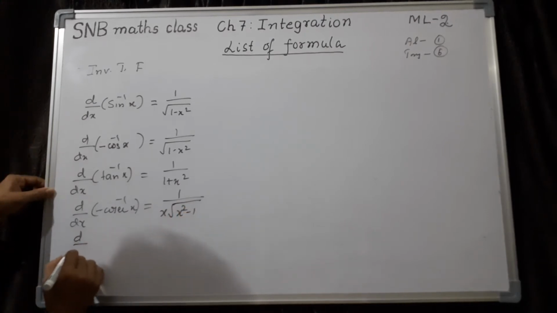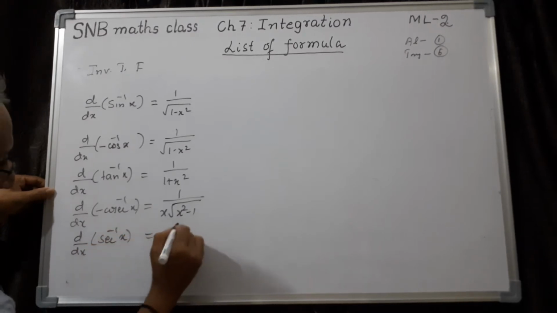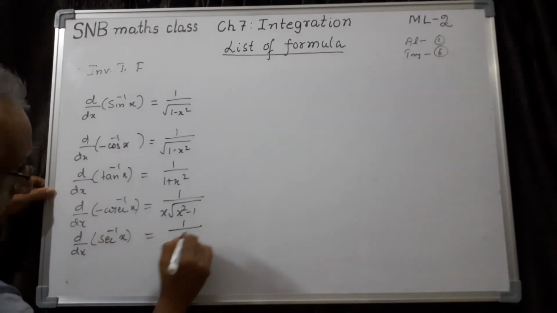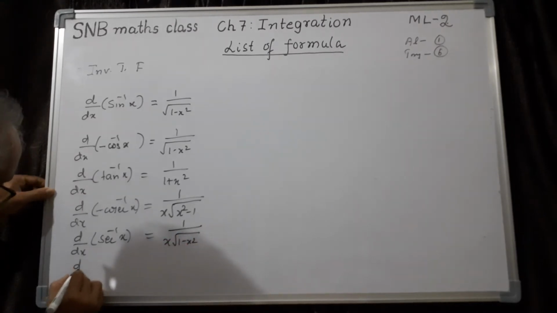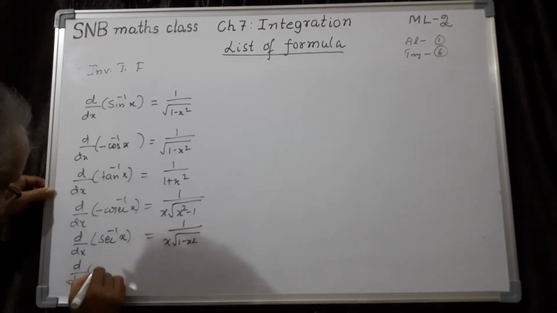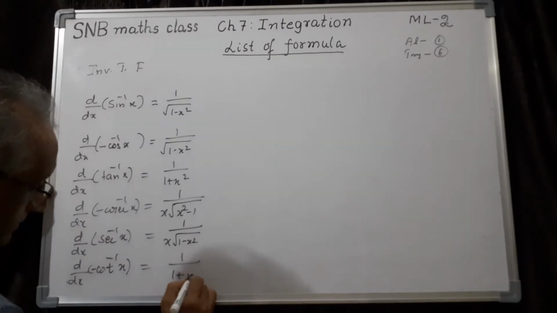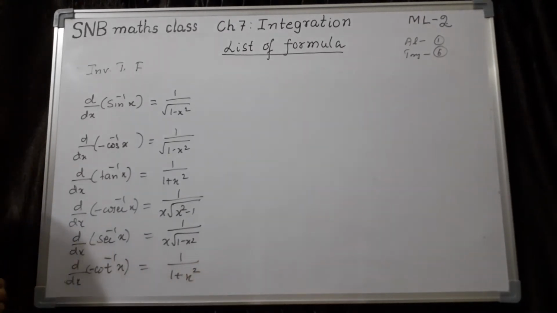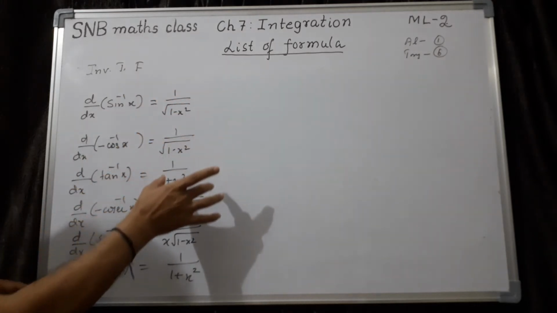And d by dx of secant inverse x will be 1 by x into square root of x square minus 1. And d by dx of cot inverse x with minus sign equals 1 by 1 plus x square. Only one important thing you have to remember: after differentiation, don't get a negative sign here.